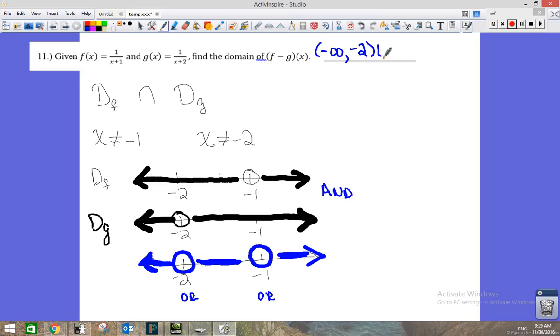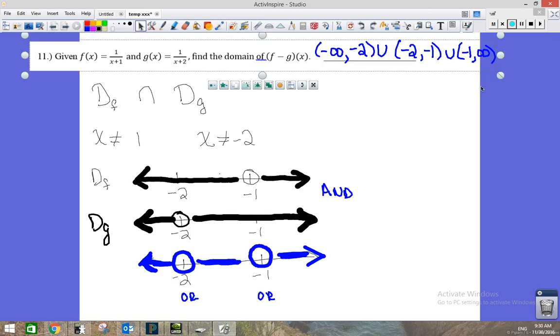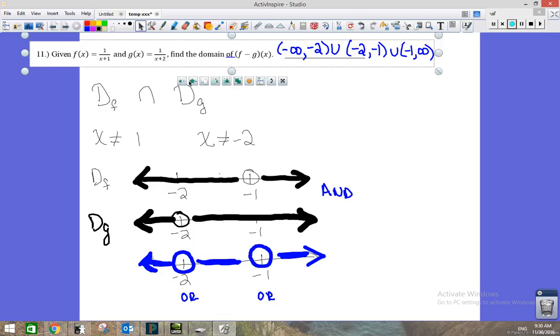So we need unions in our answer. We're never going to have intersections in our answer with the domain, but we do use the idea of intersection to get the answer. And then -1 to infinity. And I ran out of room there, and it's hard to see the blue on blue. So there we go.